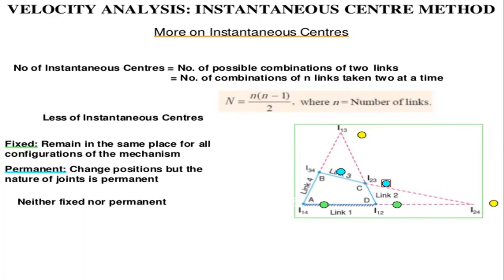So we are taking two links at a time, and therefore we get the combination as capital N is equal to n into n minus 1 by 2, where small n is equal to the number of links.